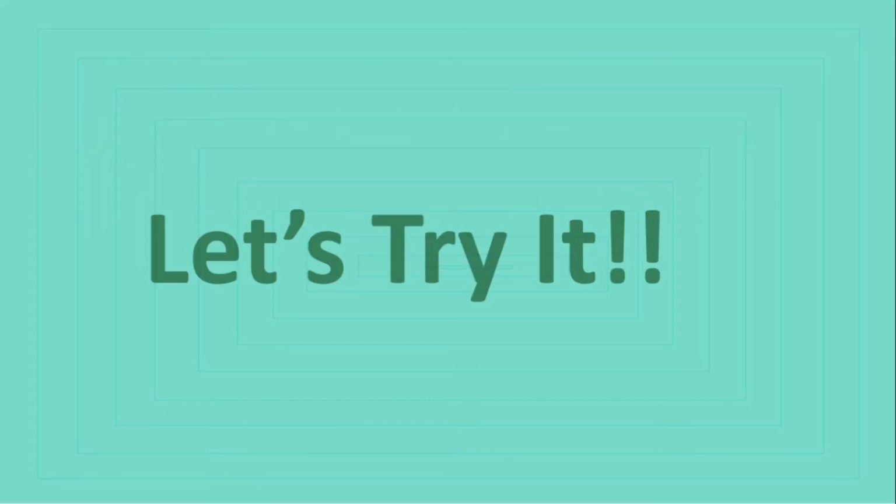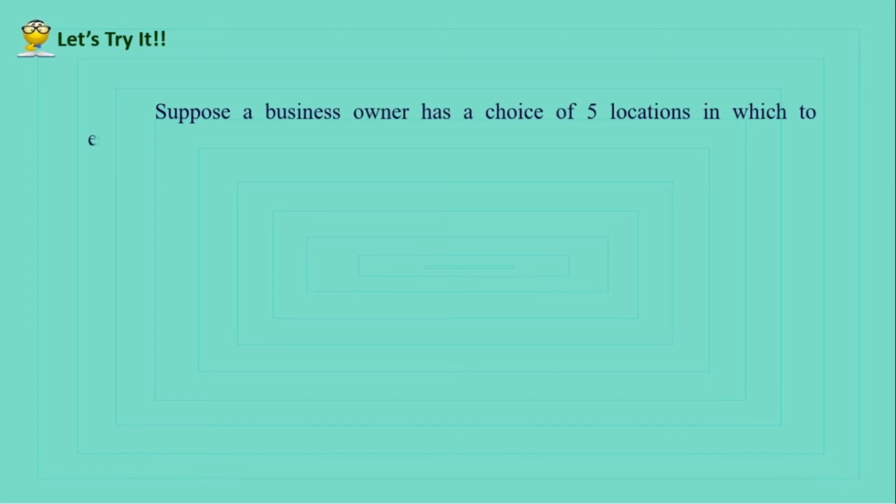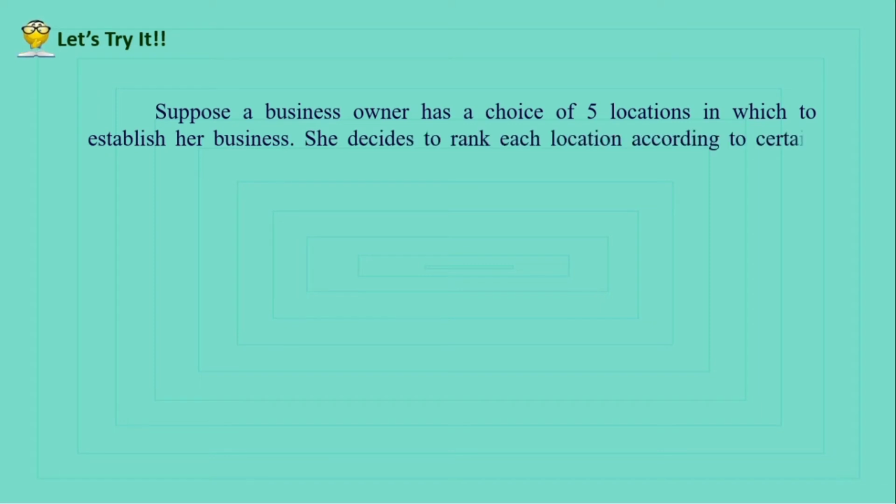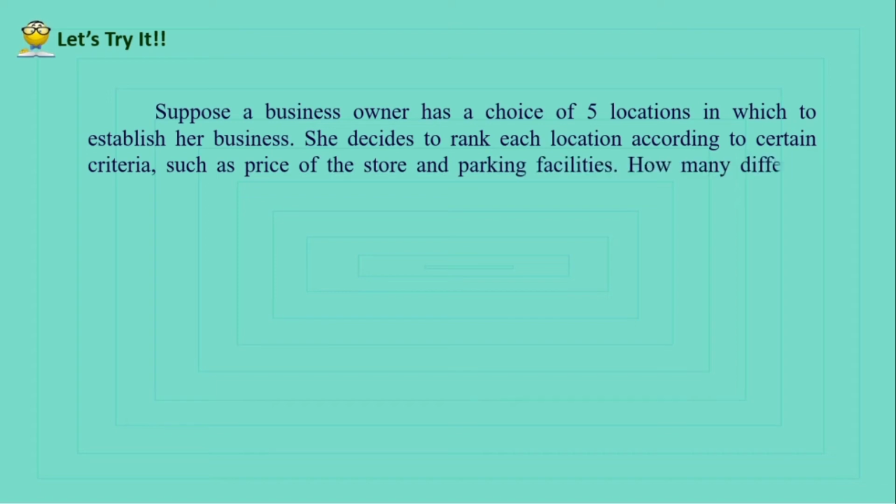Let's try it. Situation. Suppose a business owner has a choice of 5 locations in which to establish her business. She decides to rank each location according to certain criteria, such as price of the store and parking facilities.